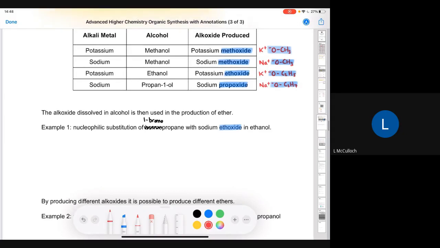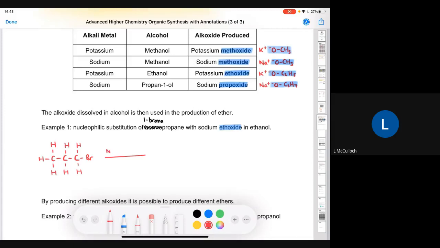Okay, so let's start by drawing out 1-bromopropane. Right, so there's my 1-bromopropane. And in order to turn this into an ether, I am going to use sodium ethoxide dissolved in ethanol.